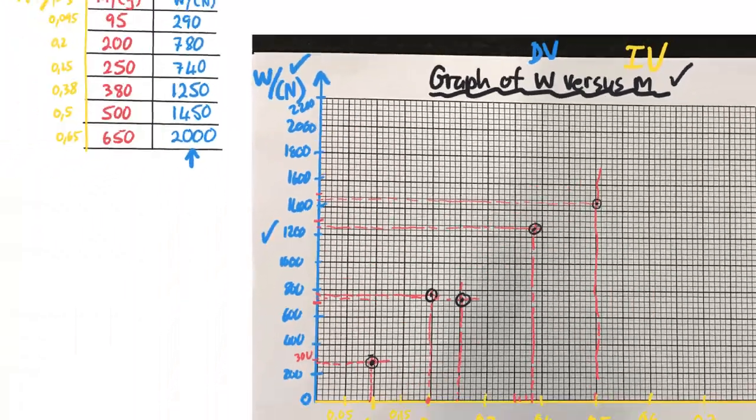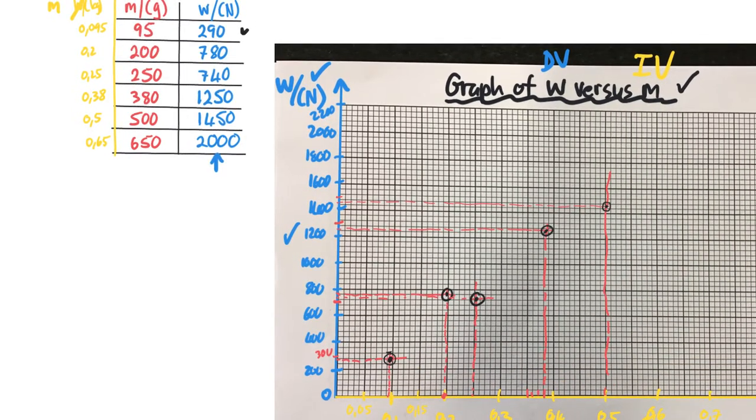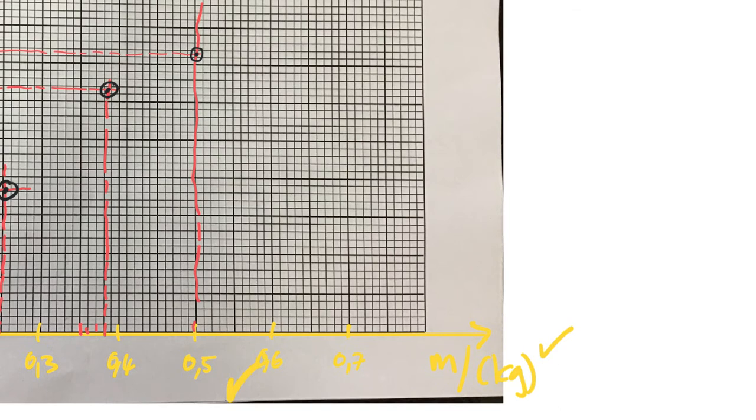And then last but not least is 0.65, 2000. So we've done that one, that one, that one, that one, that one. We're now going to do 0.65, 2000. So 0.65 lies directly between 0.6 and 0.7. So it's along that line.